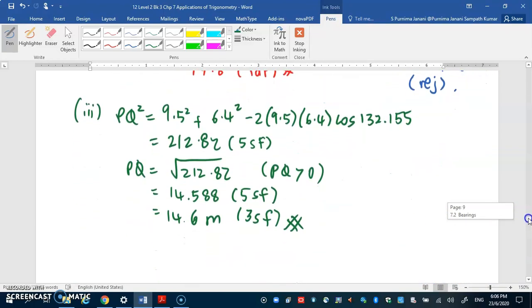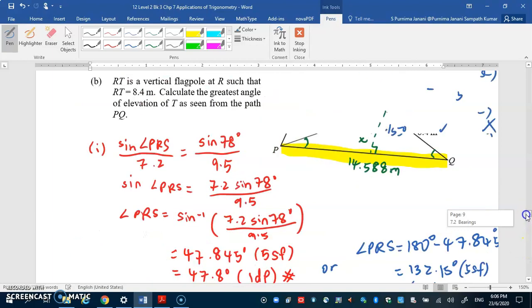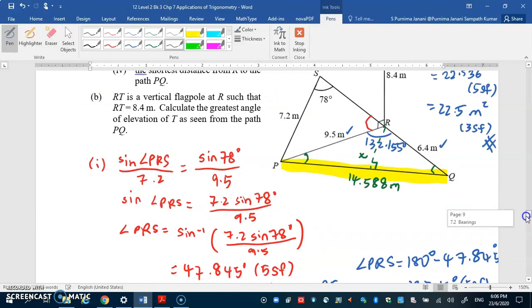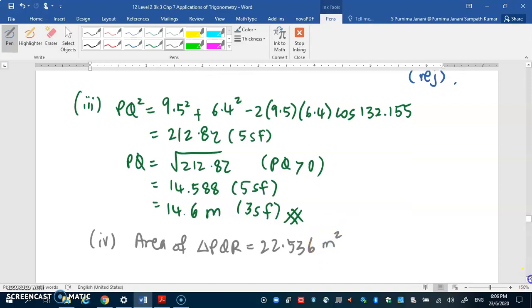So what you do is this. You know that the area of triangle PQR is equal to, what did you find just now? 22.536. This is exactly why we write all the 5 SF values, because we need it for the subsequent parts. This is your area.